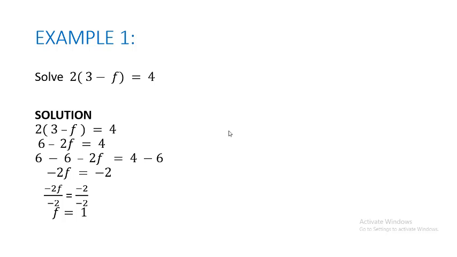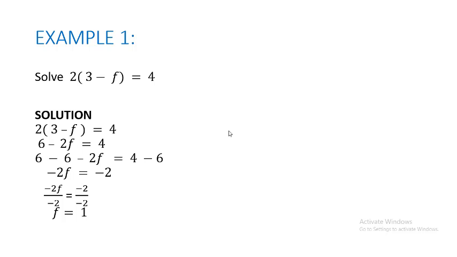Now let us move. We need to move 6 from left hand side to the right hand side. So we are going to use its inverse, which is negative 6. So the aim is to remove 6 from left hand side to the right hand side. So if we subtract 6 from both sides, 6 minus 6, the answer is 0.